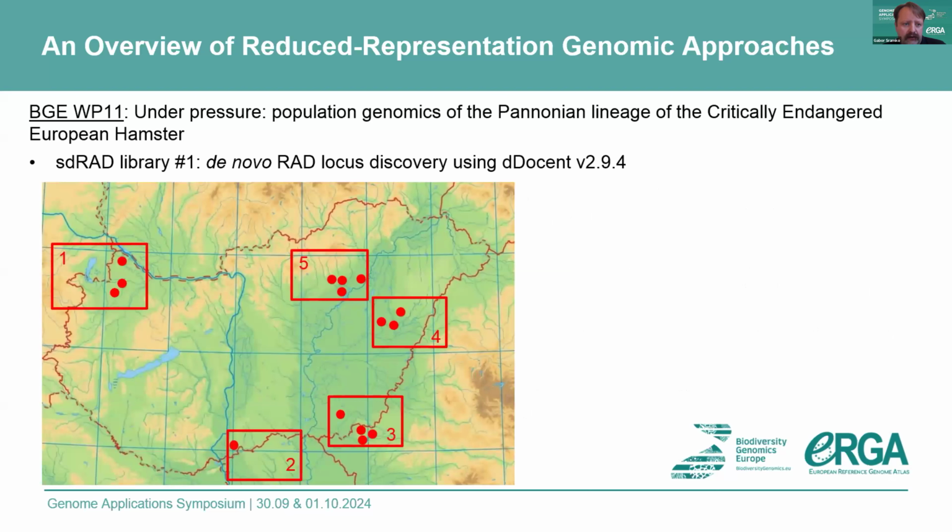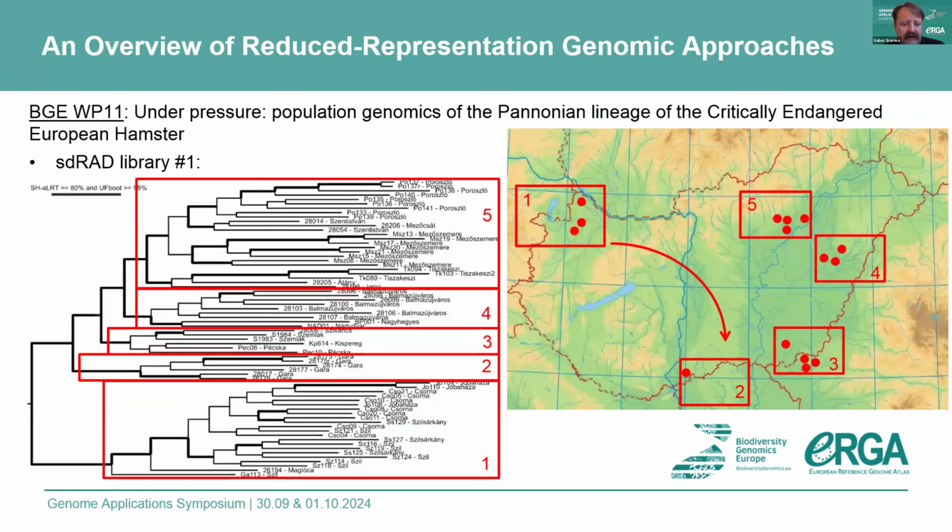So we made a first RAD library where we did de novo RAD locus assembly. And actually this has shown a very nice picture to us, where the Danube, the most important river of the Pannonian Plain, was found to be an important barrier.